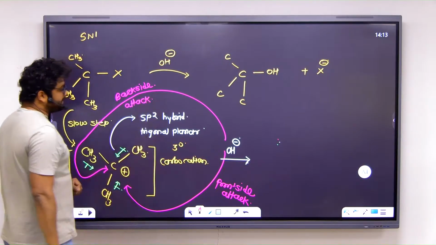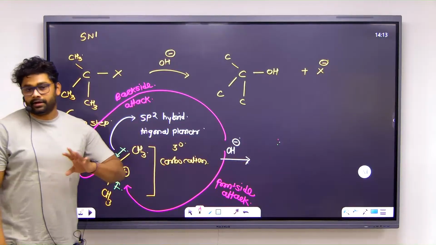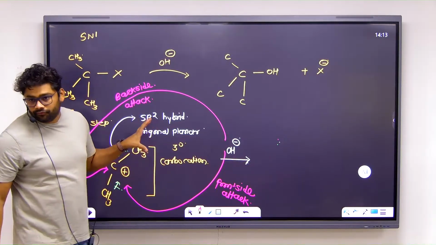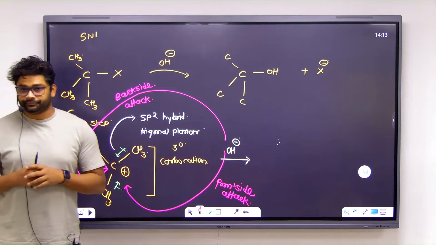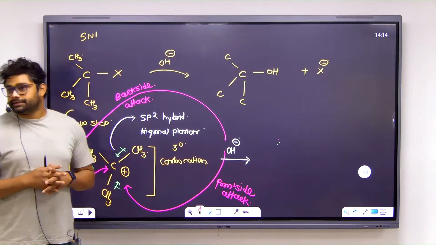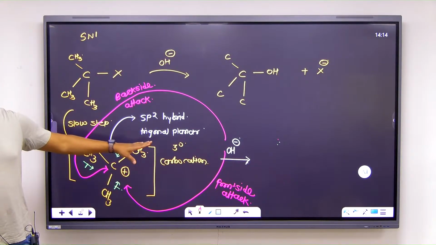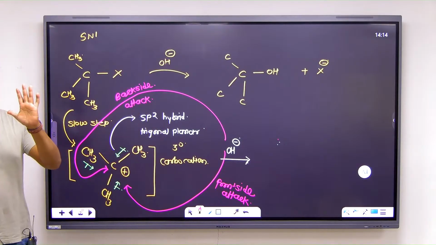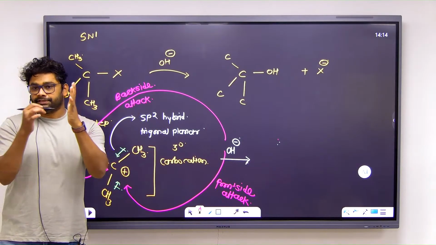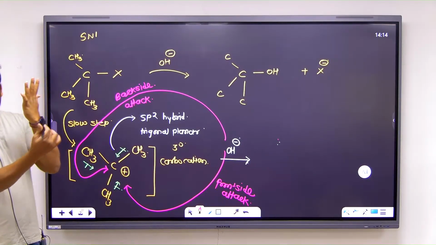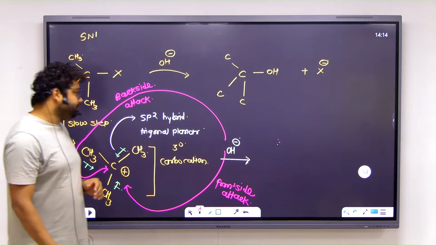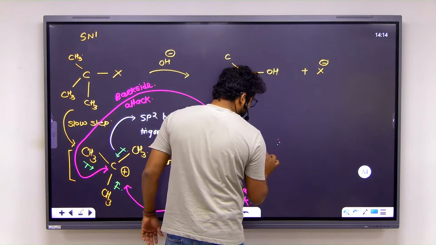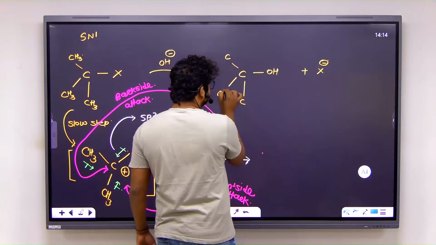So both types of attacks are possible on carbon. Why? Because of the geometry of this carbon. And the geometry of this carbon is what? sp2 hybridized. It looks planar, and that's why the attack can be possible from the backside as well as the front side, so you are getting two products.